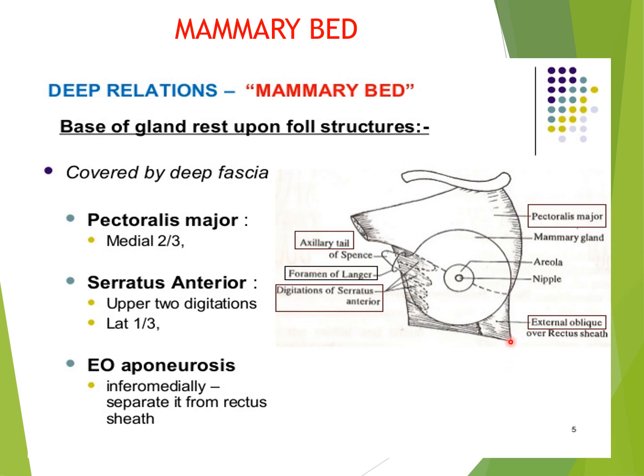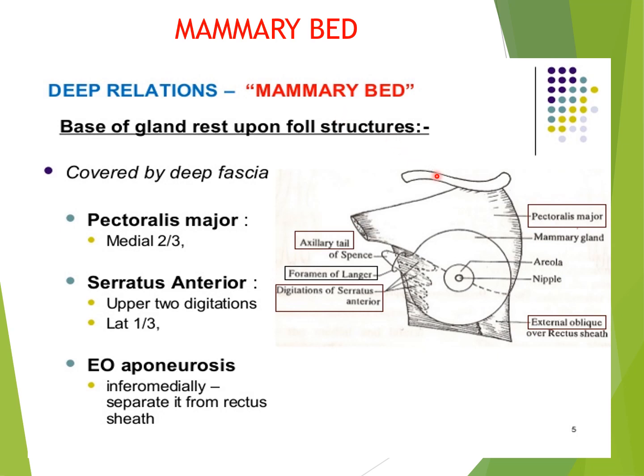Rectus abdominis is a straight muscle present in the anterior abdominal wall. So the demarcation between the breast and the rectus abdominis is this aponeurosis of the external oblique muscle, that you should remember. So these are the structures forming the mammary bed.